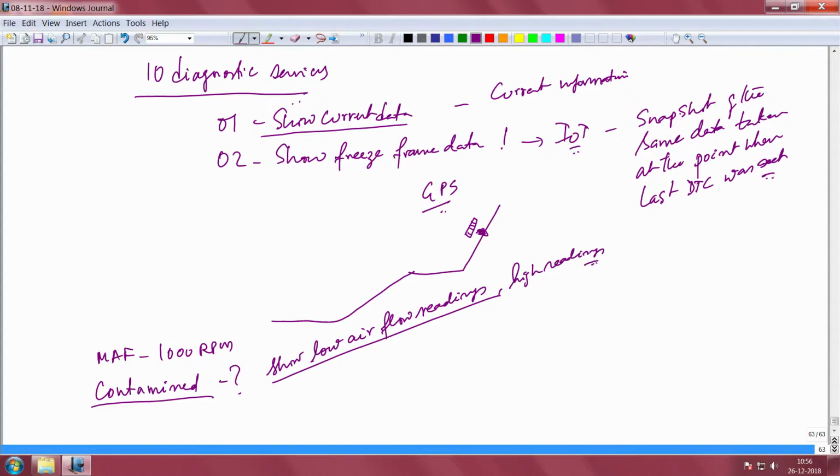It is just malfunctioning, right, it is contaminated, it is malfunctioning. So, you have no way of saying what is the safe range. And you have to note that when you talk about MAF you can't generalize a given number, it depends on the engine type, it depends on the manufacturer, so many related parameters.